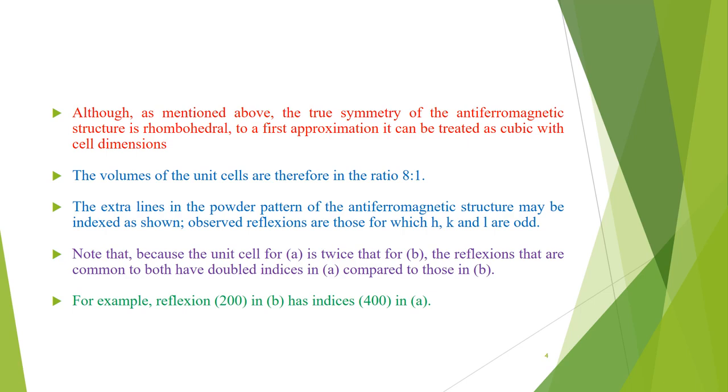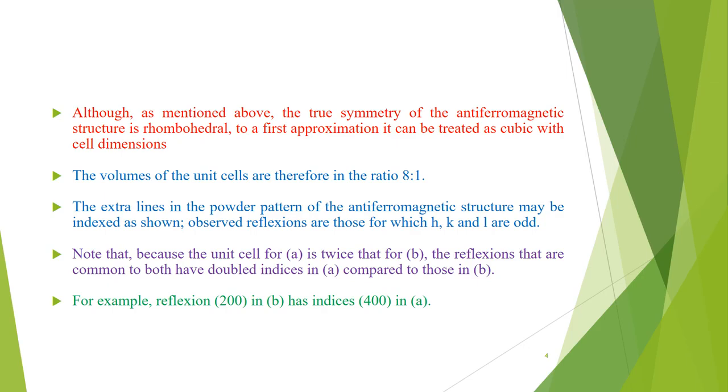The comparison of figures A and B shows that below the Néel temperature, extra lines appear in the neutron diffraction pattern. These extra lines are associated with the antiferromagnetic superstructure.